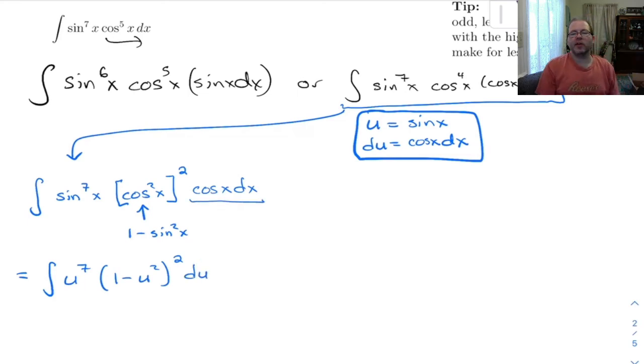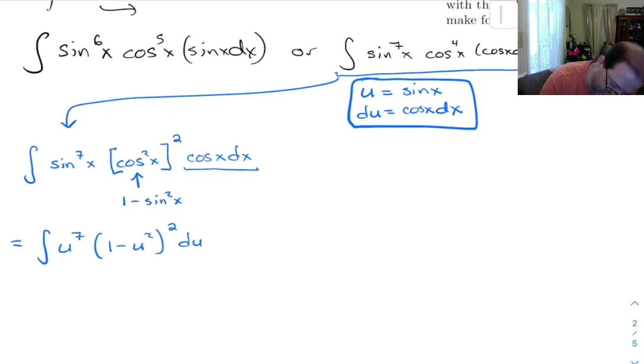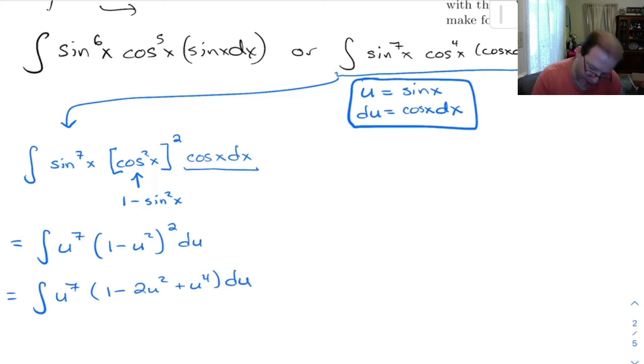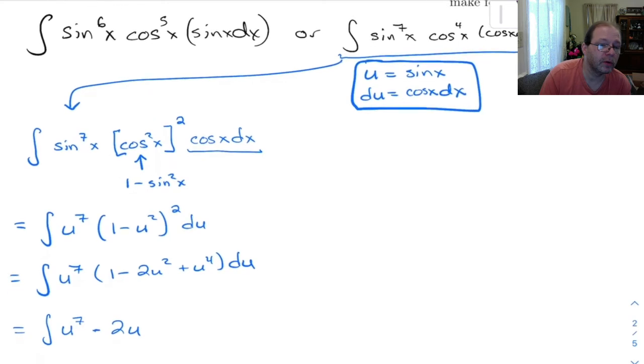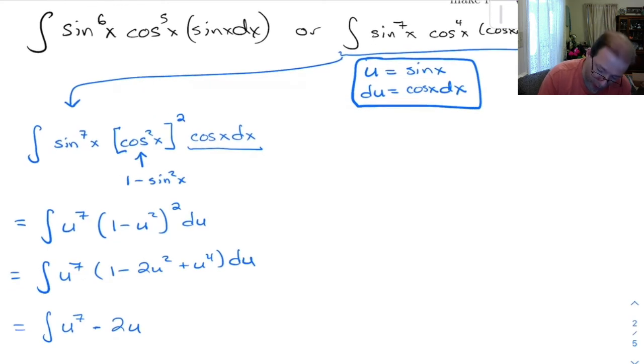All right, so we've got to square that out and multiply it out. So I get u to the 7th times 1 minus 2u squared plus u to the 4th du. And then multiply the u to the 7th across there: u to the 7th minus 2u to the 9th plus u to the 11th.